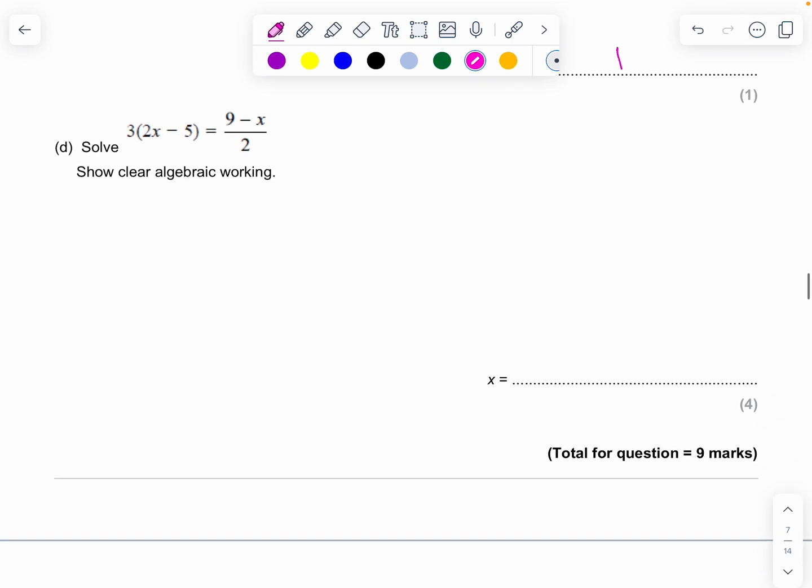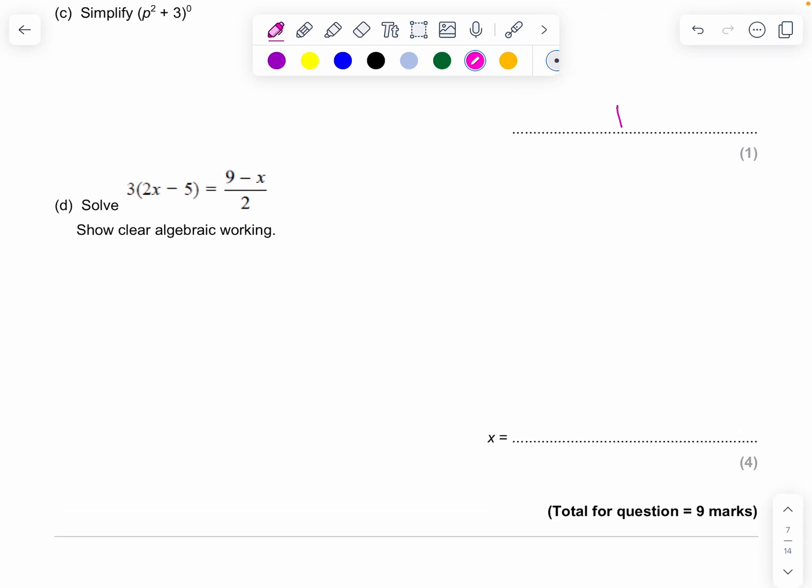Okay, D. To solve this, the first thing to do, which I think got you 1 mark, is to multiply out this bracket. So 3 times 2x is 6x. Take away 3 times minus 5 is minus 15. And then you've got 9 take away x over 2 on the other side.